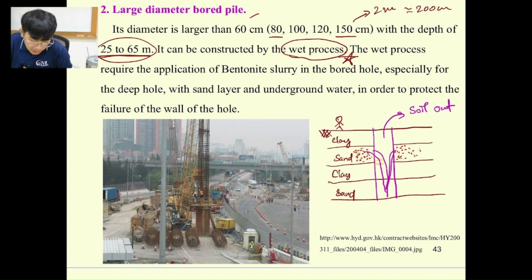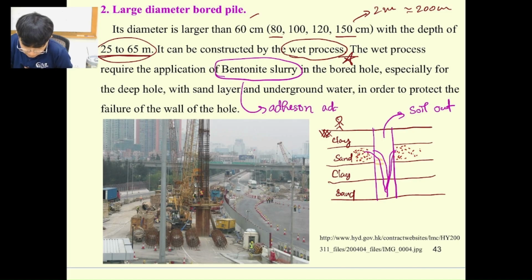That's why we use bentonite slurry, which is an additive, in order to maintain the sand layer without it falling out.